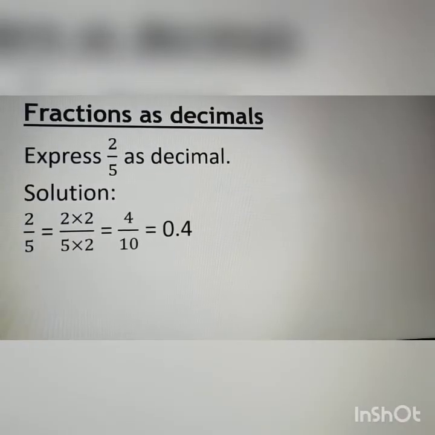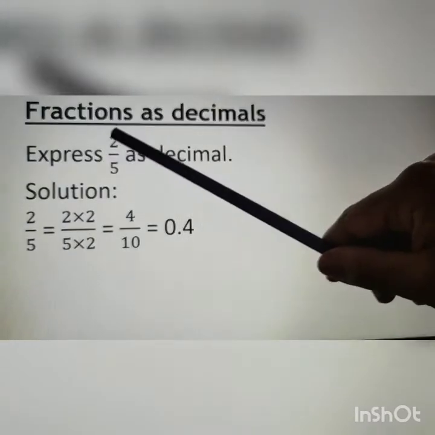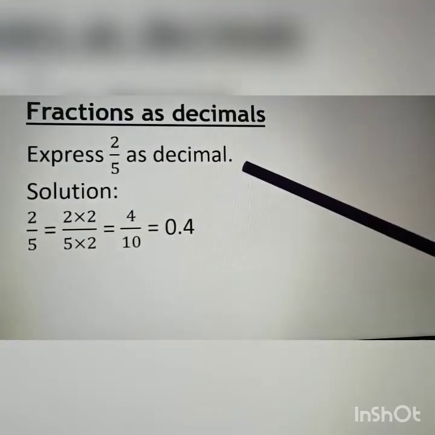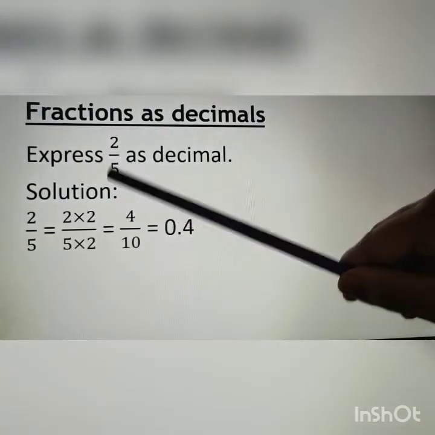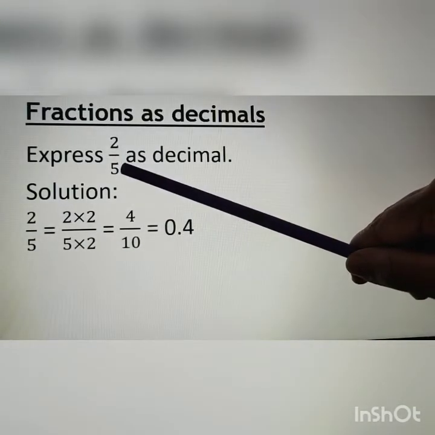In chapter number 7, we have learned about what are fractions and how to form equivalent fractions. So let us discuss now how to convert fractions into decimals and decimals into fractions. Next is fractions as decimals. Example, express 2 upon 5 as a decimal. Solution, 2 upon 5 is a fraction.